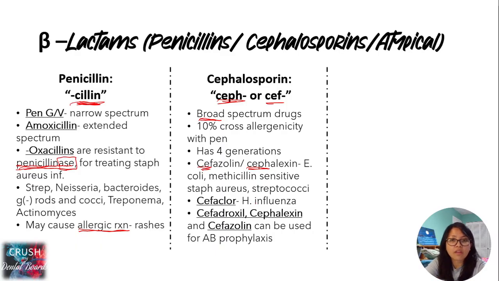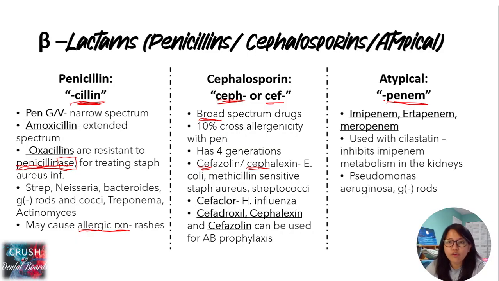And then the last of the beta-lactams would be your atypical beta-lactams. So atypical beta-lactams would end in penem. Examples of which you have your imipenem, ertapenem, and meropenem. Now, your atypical beta-lactams, they're usually used with cilastatin. Why do we need cilastatin? So cilastatin is added to your atypical beta-lactams so that they would survive metabolism.